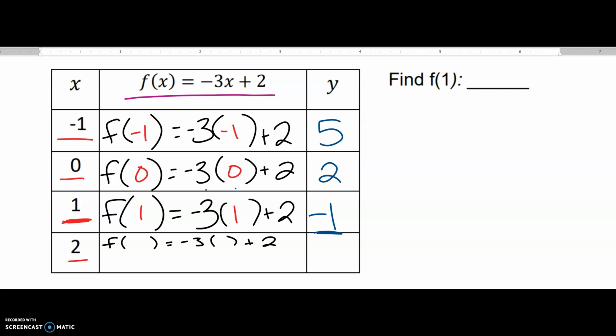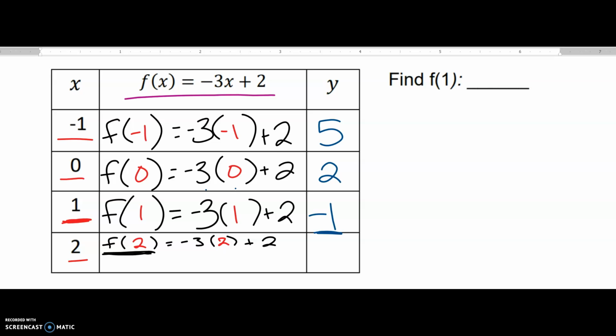Now our last input is +2, so we're going to plug that in. So our function, when our x value is 2, f of 2, is equal to -3 times 2 plus 2. Now I want to point out here, remember, this f of 2, that's not another number that you're including in your calculations. That's not another variable.